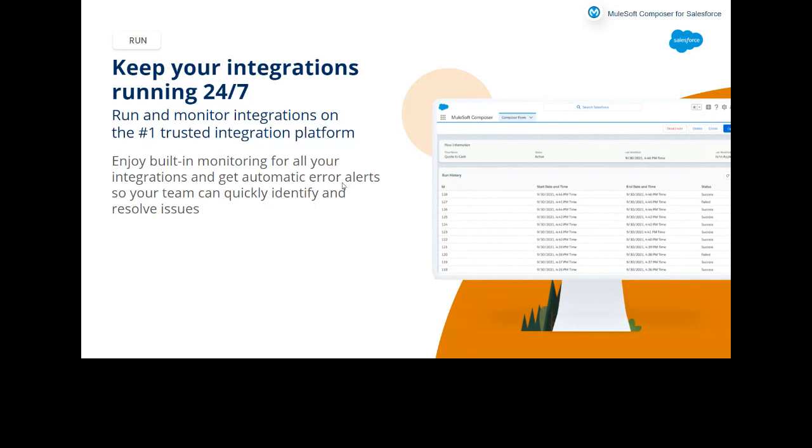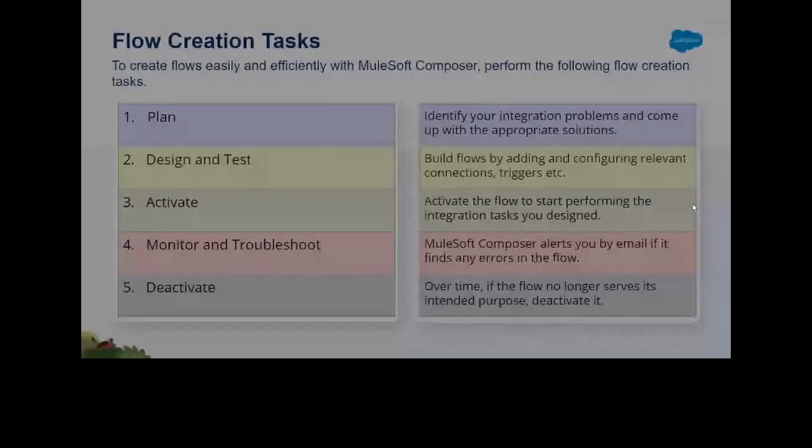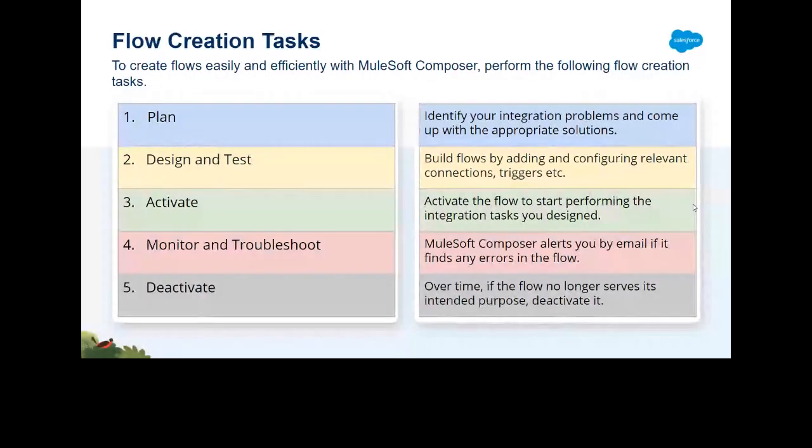You can monitor the debug messages and the successful integrations. So you have a whole history of integrations, whether you have a successful integration or a failure. Everything is mentioned within the app. So it's pretty cool.